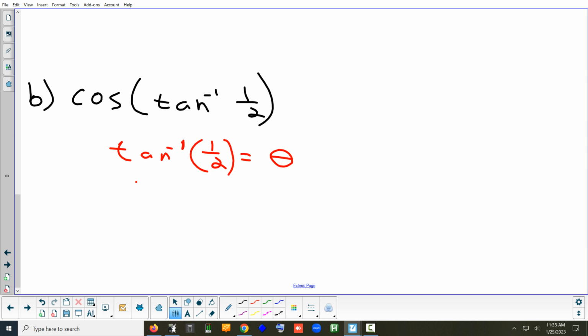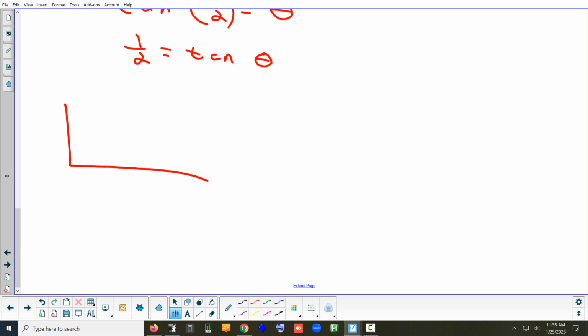The tangent of theta equals 1 over 2. And what do you do with that equation at this step? Make a right triangle. But this time you're not going to be labeling things with a variable. You're going to have all numbers.